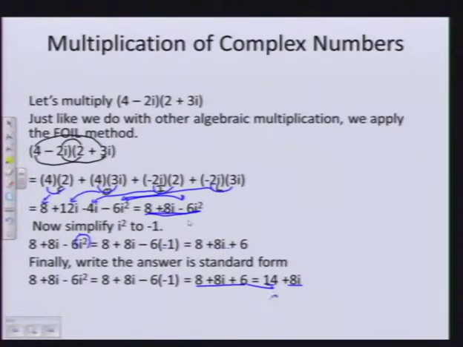Our standard form was a plus bi. So what we can conclude is that when we multiply 4 minus 2i times 2 plus 3i, we end up with 14 plus 8i.